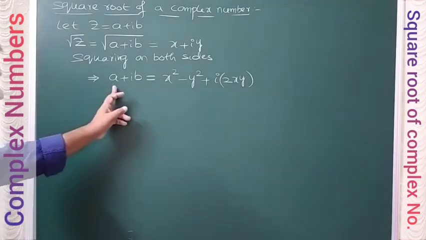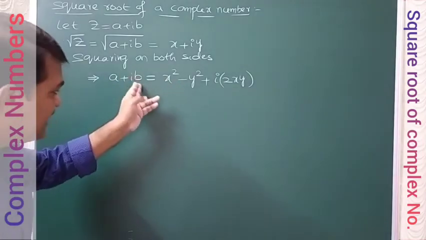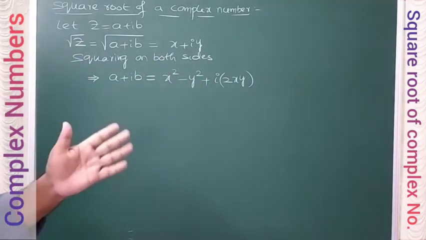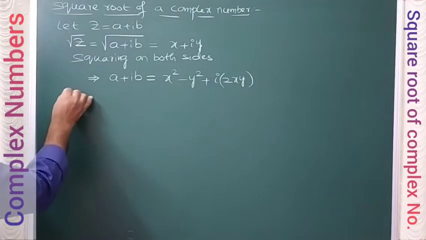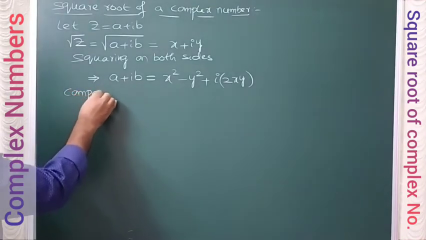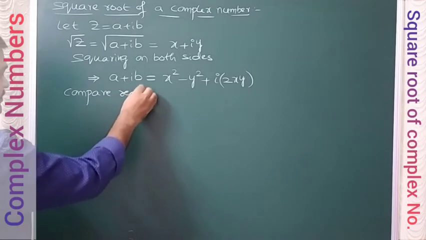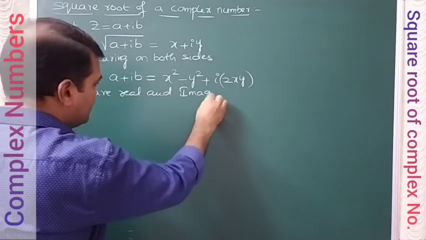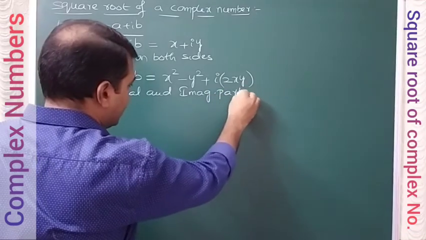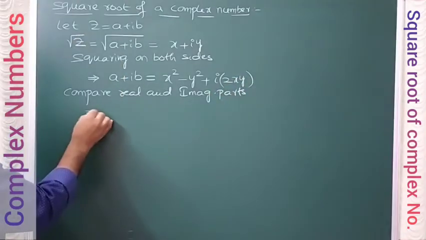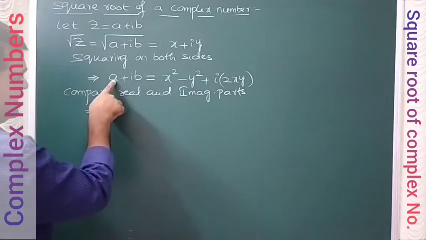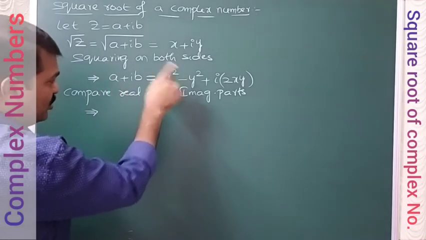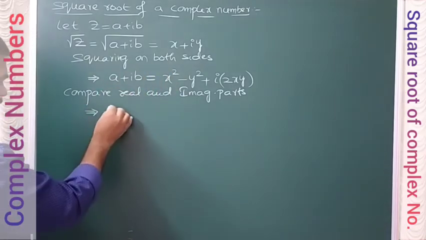Now comparing real parts on both sides and imaginary parts on both sides, we will get some conditions. So if you compare real parts on both sides, a must be equal to x square minus y square.